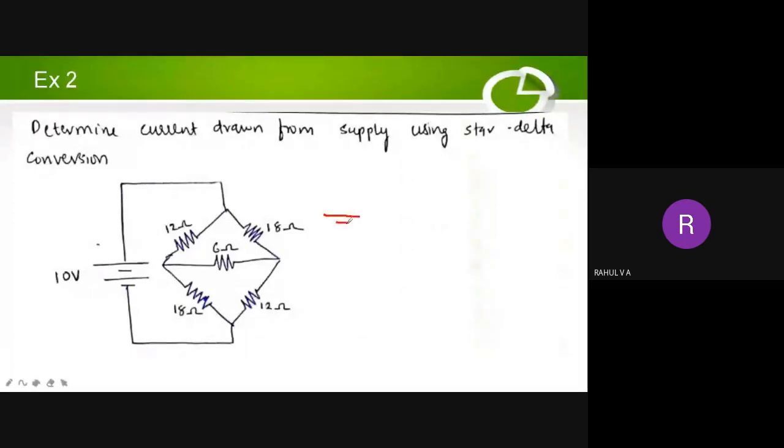I am keeping the top resistors 12 ohm and 18 ohm as they are. Then here it should come C. The resistor connected to C is RC or R3. The resistor connected to B is R2. The resistor connected to A is RA.